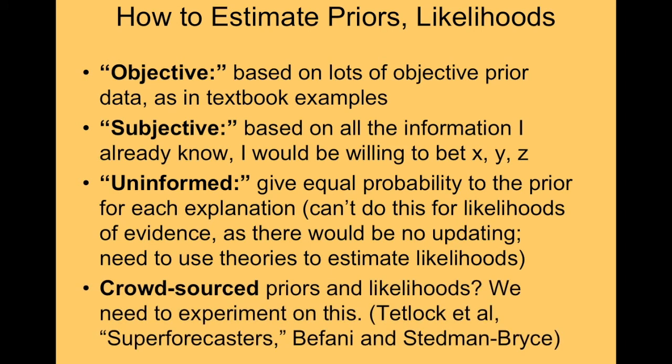We might also try to crowdsource priors. We know that crowdsourcing in various realms improves things. Crowds make better predictions or estimates sometimes than individuals do. And so one area of possible research, and I've been talking with Tasha Fairfield about doing some experiments on this, is to see if in some sense people do better at estimating priors and likelihoods if they crowdsource it, if they have a conversation about why they think the likelihood should be this or that, right?